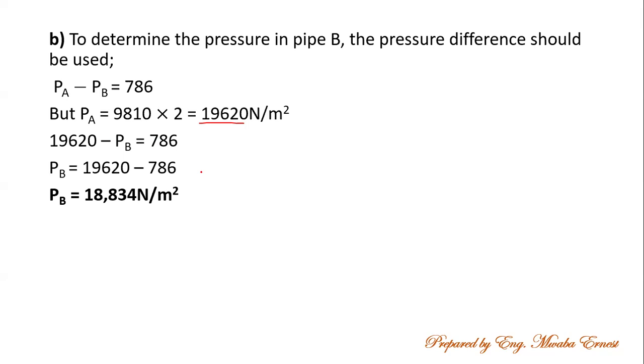You can prove this answer by plugging back in 19,620, which is pressure at A, minus 18,834. The answer will still be 786 newtons per square meter. So that is how you handle an inverted differential U-tube manometer.